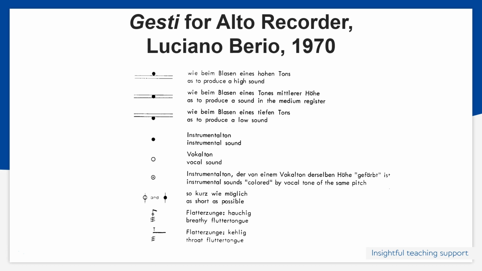These both mean to be played as short as possible. We also have lots of diagonal lines through notes. This says breathy fluttering. Then the last symbol is a T sign and then some diagonal lines, which means throat fluttering, a kind of flutter tonguing, which is where you roll an R sound into the instrument.